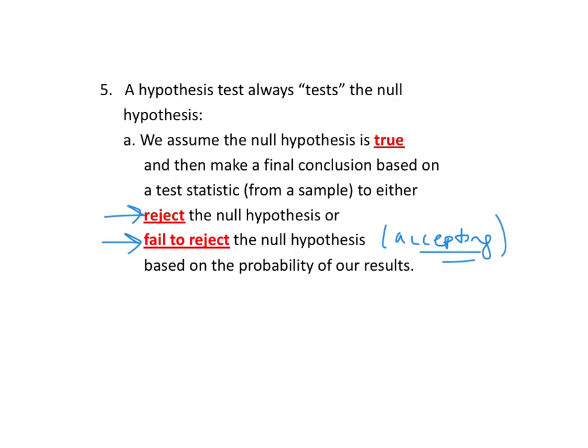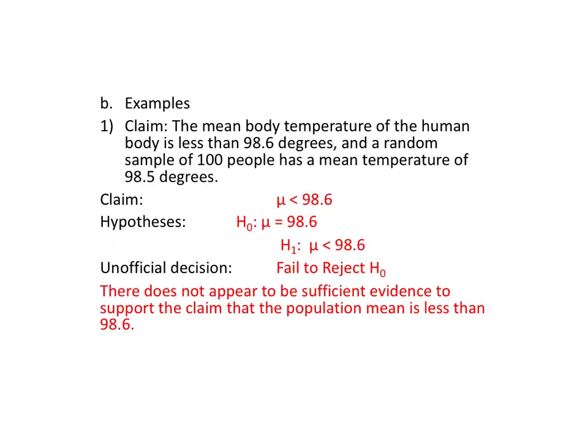You always use reject or fail to reject, which I know seems a little odd. We'll talk a little bit more about that later too. Those are the two choices you have at the end of a test, and we'll get to that when we get further along in our steps. But you're always assuming the null hypothesis is true unless you have strong enough evidence to suggest otherwise.